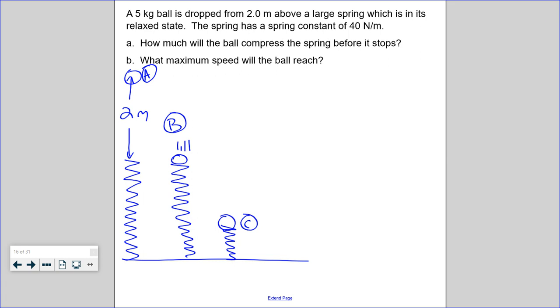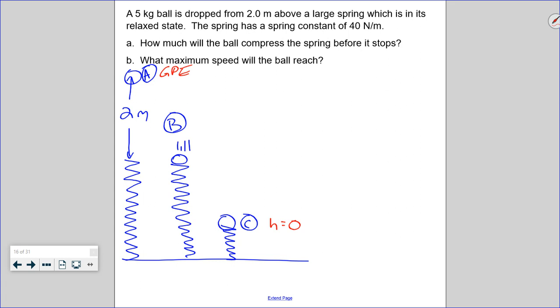Let's make a quick note of the types of energy that the ball has at each point. At point A, all of our energy is GPE. At point B, well, this depends on what we call a height of 0. Perhaps against my better judgment, I'm going to call this bottom point, point C, a height of 0.